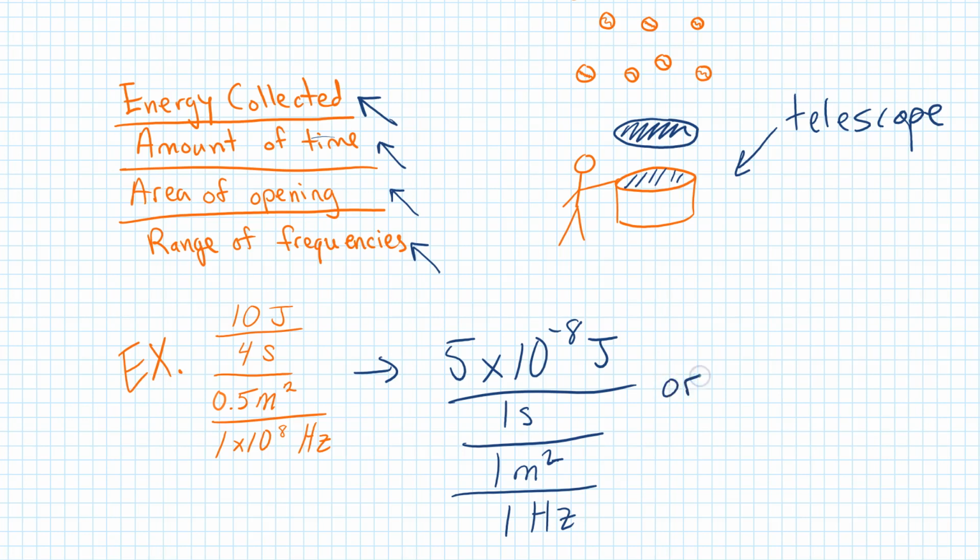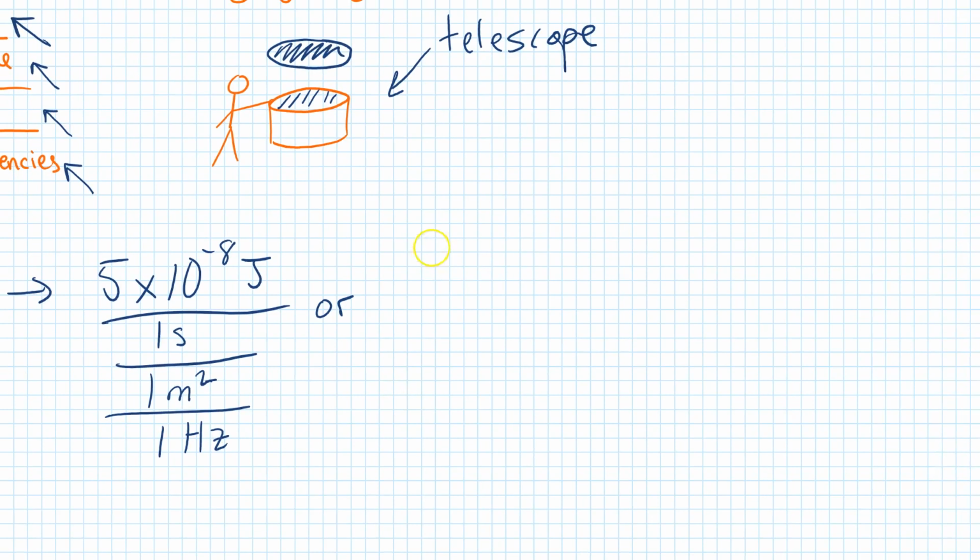Or I could write that like this: 5 times 10 to the minus 8th joules per second meters squared hertz. And this quantity is called the flux density.